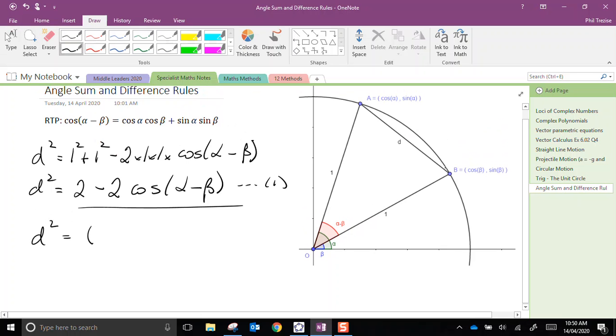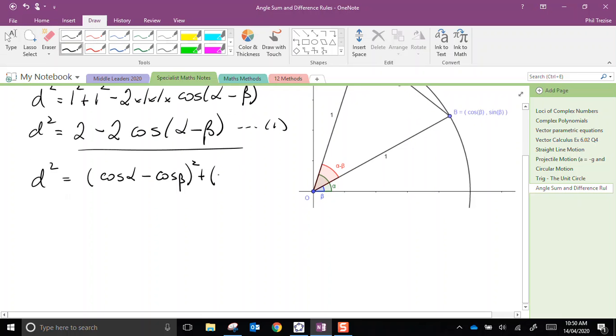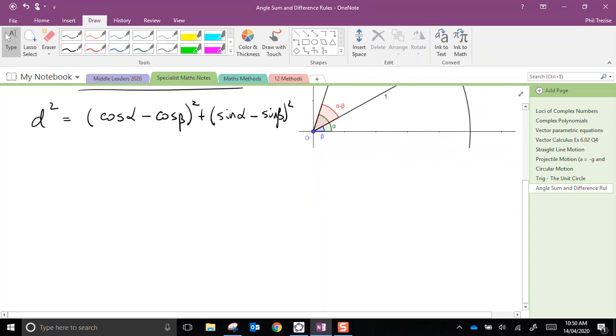So we'd have cosine alpha take cosine beta, squared, and then it's the difference in the y coordinates, sine alpha take sine beta, also squared.